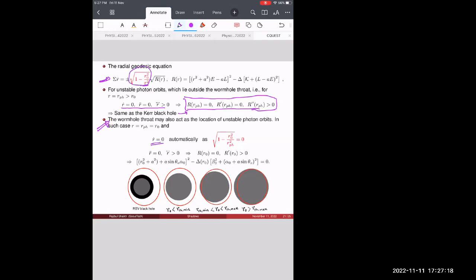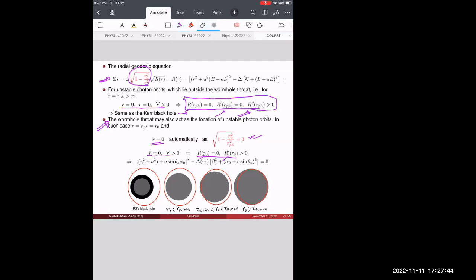Therefore, r dot equal to 0 is satisfied automatically at the wormhole throat. Now the remaining two conditions for the unstable circular orbit radius translate to capital R through this equation. Note that these were the second order equation, meaning derivative, and here we have zeroth order, first order, no second order.